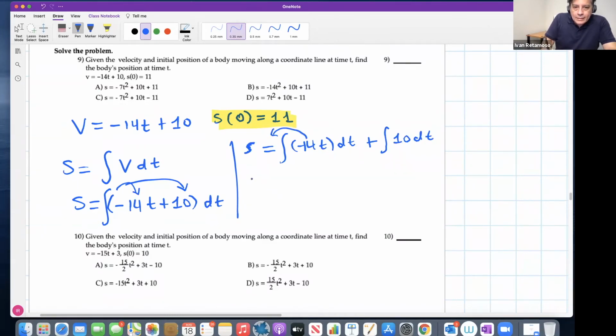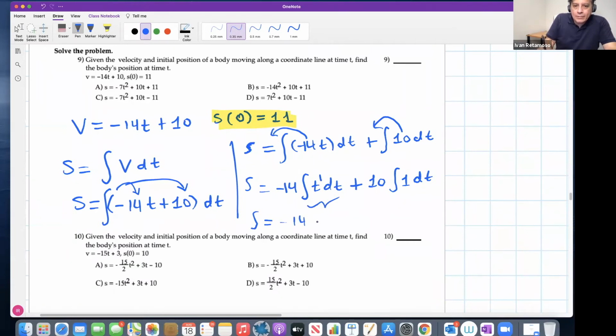Taking this constant out, this will be minus 14 times the integral or antiderivative of t dt plus, with the constant out, what is left is 1 dt.